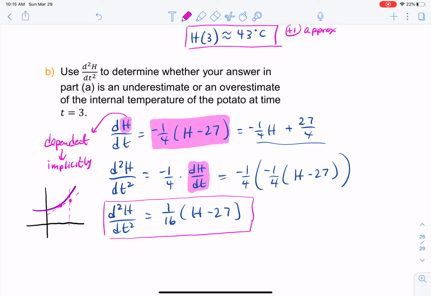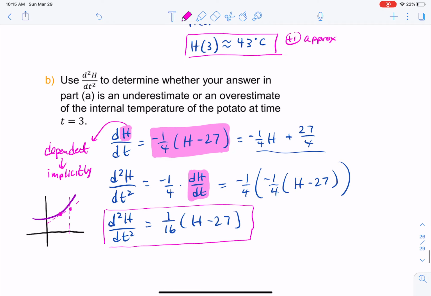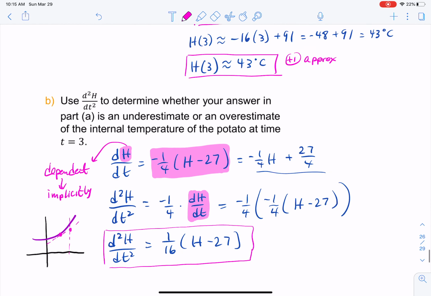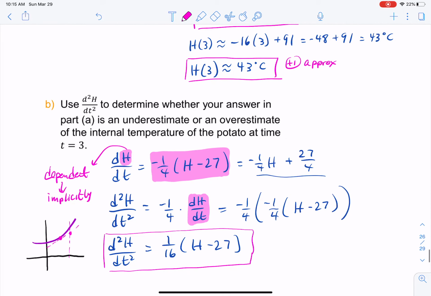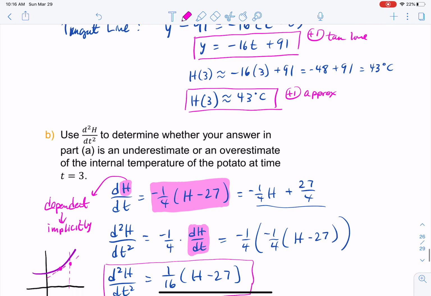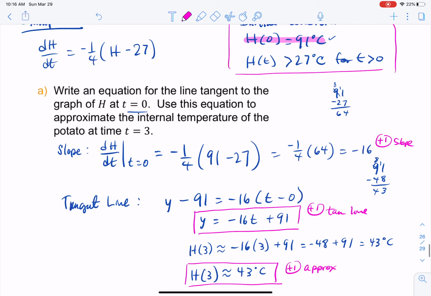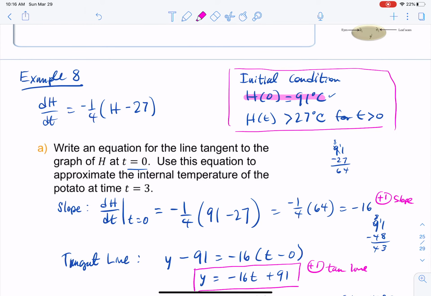And I just need to be able to see, is this thing always going to be positive or is it going to be negative? You might be asking, how am I supposed to know that? It's got h minus 27 in here. Depends on what the value of h is, right? If h was ever less than 27, this is going to be negative. But wait a minute. Let's scroll back up here to our important piece of information. What it said is that h, no matter what, has got to be greater than 27.